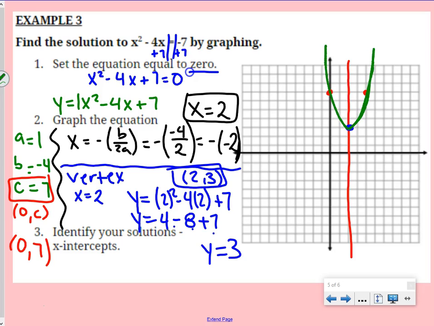We can make a nice U shape. Now if we look here, this is another special case. This is one that never touches the x-axis, which means it has no solution. If it never touches the x-axis, you can't have any solutions to that equation.